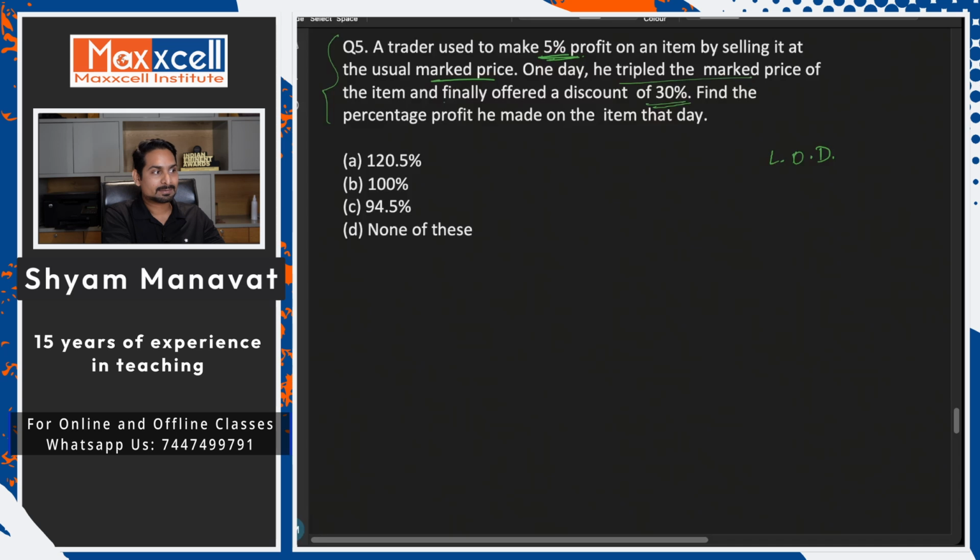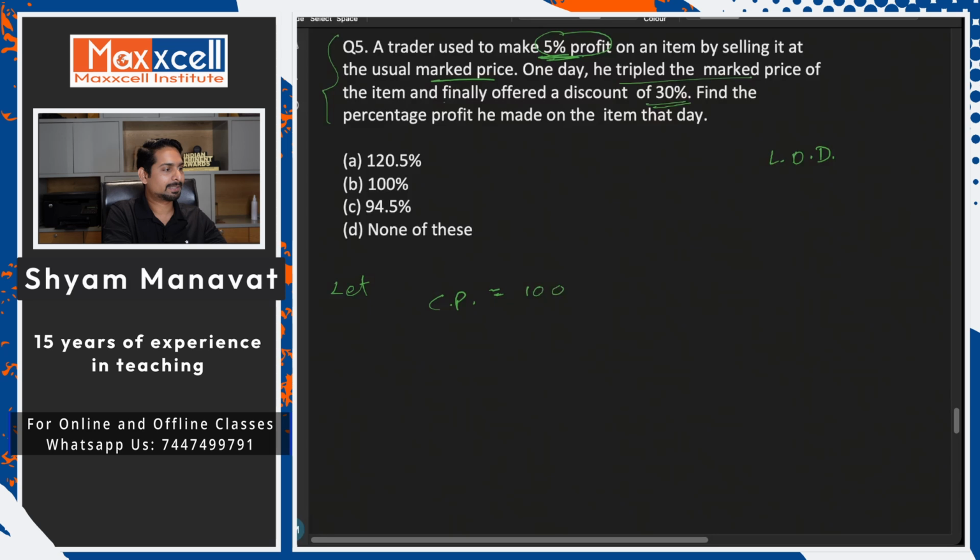I need to compare with the cost price, because the profit percent is applied on the cost price. So let me assume the cost price to be 100.